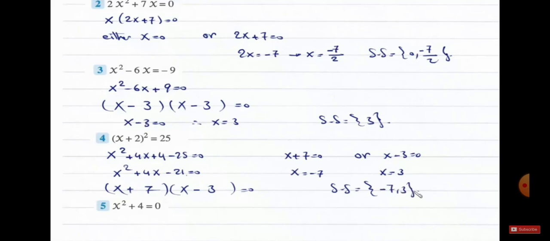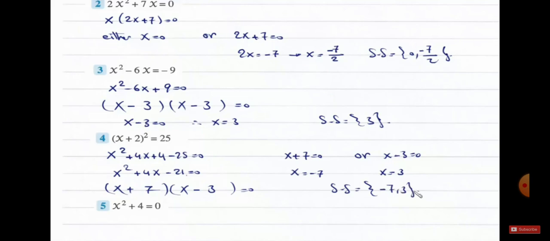Another example, (x + 2)² = 25. We write two brackets, (x + 2)(x + 2) = 25. We multiply the other way: first by first, first by second, second by first, second by second. Then we get x² + 4x + 4, and 25 goes to the other side with the opposite sign, -25 = 0.